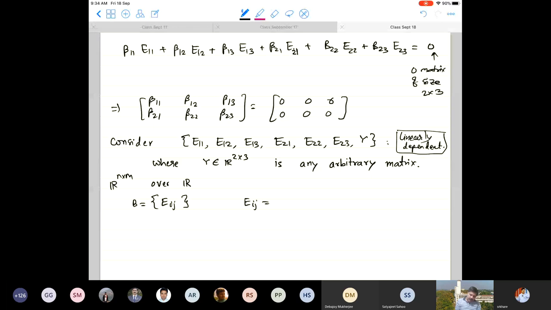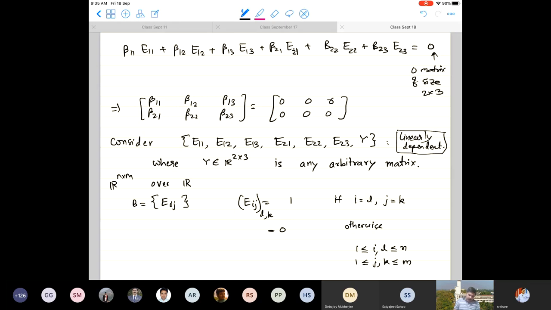Eij is the matrix whose ijth entry is 1 if I is equal to L and J is equal to K, and 0 otherwise, correct? And what is the range for the indices? The range for the indices is I and L will be between 1 to n, and J and K will be 1 to n.